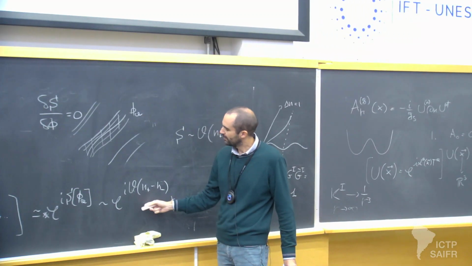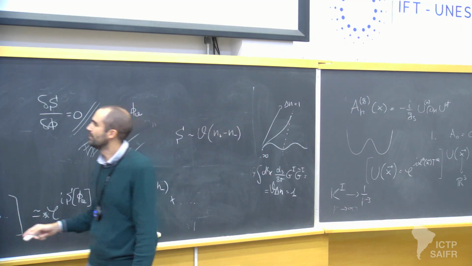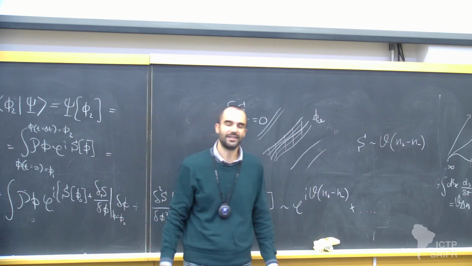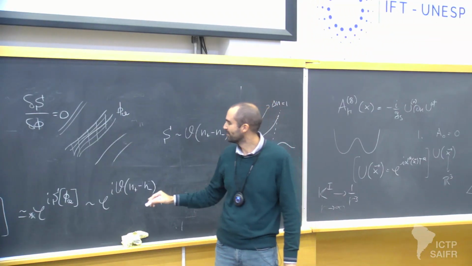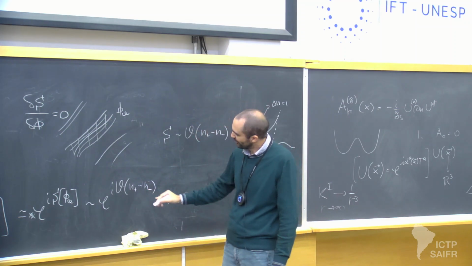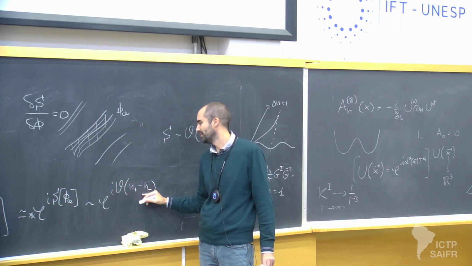And by comparing this result with what I told you a moment ago about the wave function, we've seen that we expect theta to enter as a phase in the wave function of the vacuum, at least in this limit. And this is also telling you that in some sense theta is the conjugate variable to these integers.